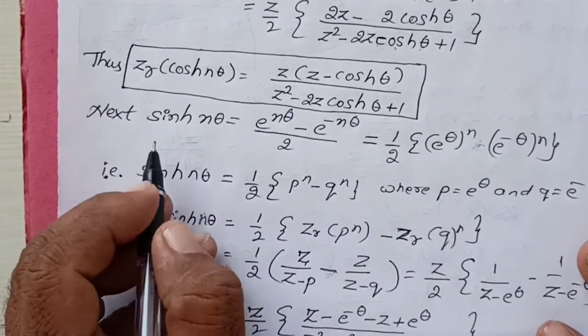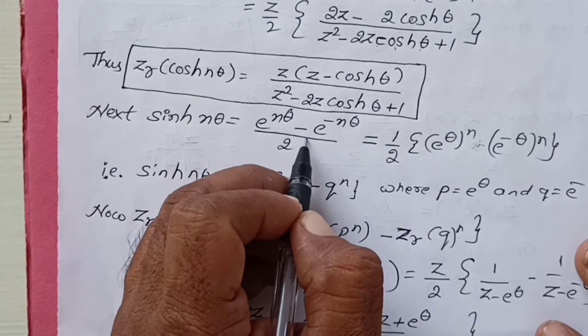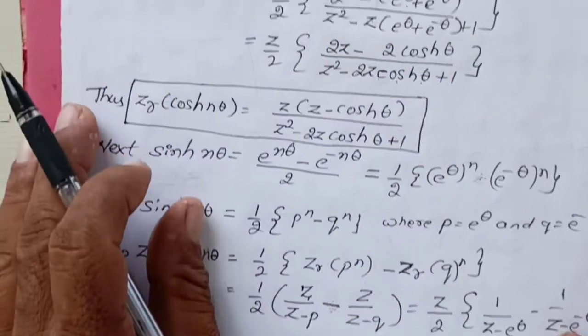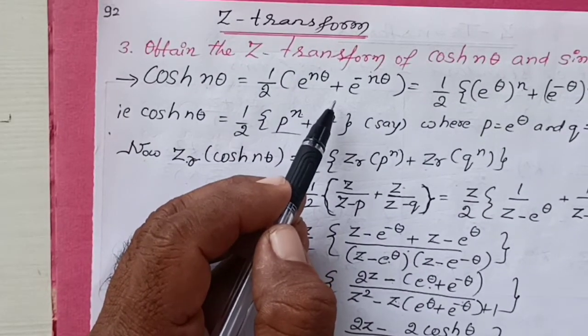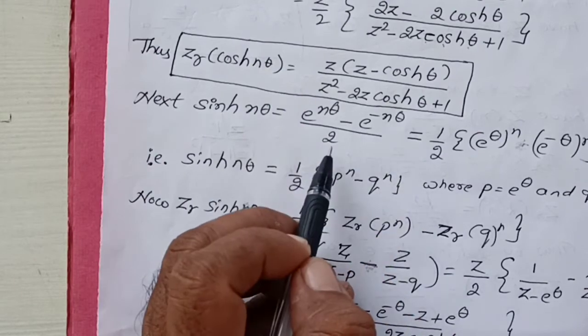Next, repeat the same: sin hyperbolic n theta is equal to e raised to n theta. Now this time it is minus, earlier it was plus. Now it is definitely minus: e raised to n theta minus e raised to minus n theta divided by 2.